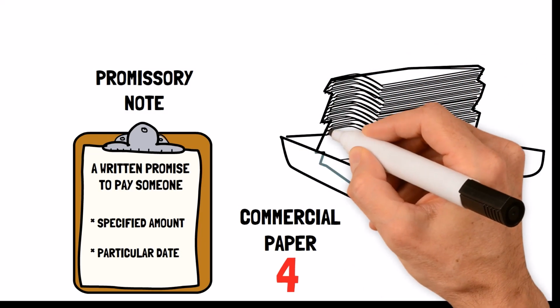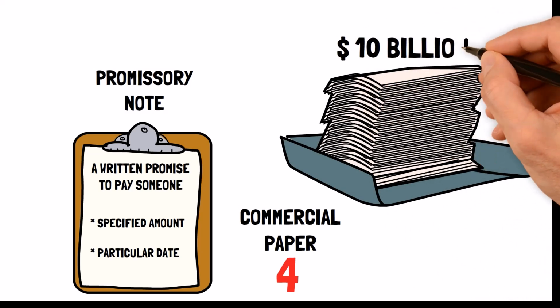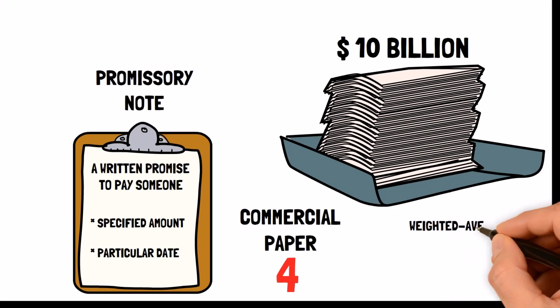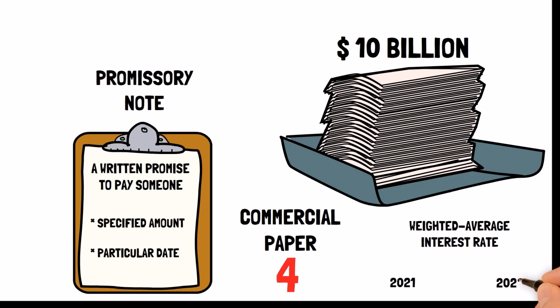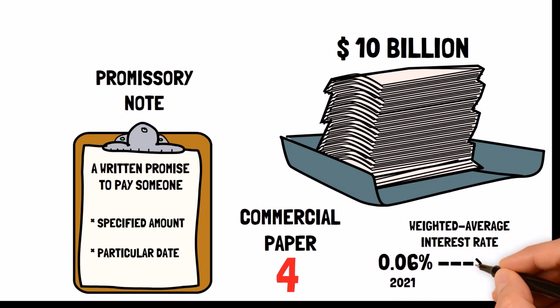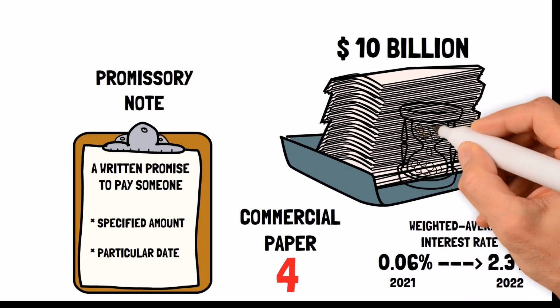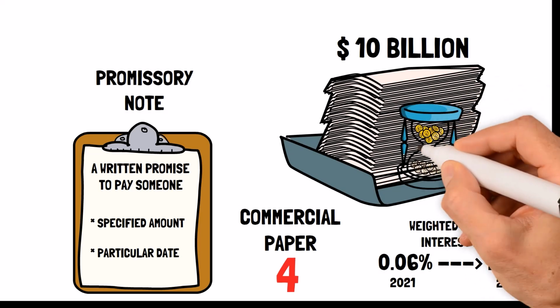Apple has issued commercial papers with an outstanding amount of $10 billion in 2022. The weighted average interest has from 2021 to 2022 gone up from just 0.06% to 2.31%. Perhaps this somewhat represents a shift in reality, where so-called free money no longer exists.